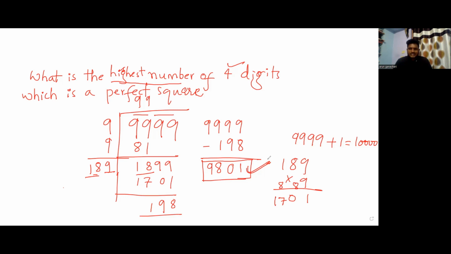If the question is highest number, then we have to go for subtraction. If the question is lowest number, then we have to go for addition. Write it in your notebook. Lowest means addition. Highest means subtraction. Okay.